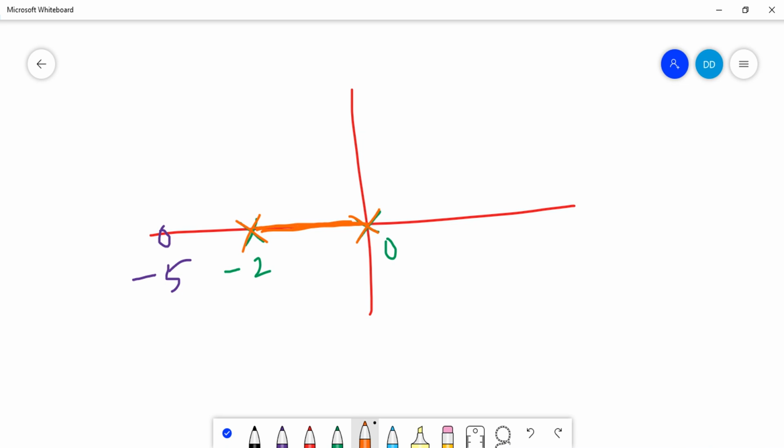What we have to do is see how many open loop poles and zeros are there to the right of this path. To the right of this path we have only one pole at 0. It is an odd number. So we can tell that this particular path is a part of the root locus. Next, we consider a path in between -2 and -5.